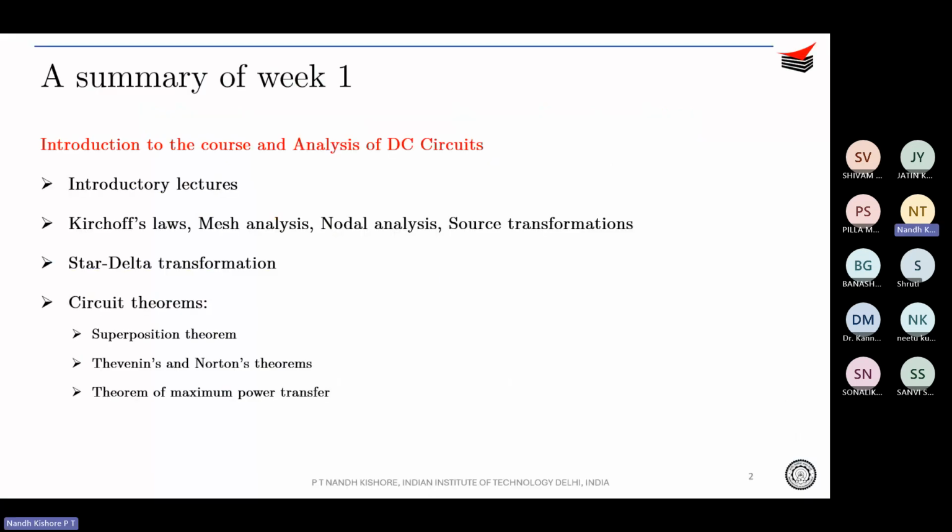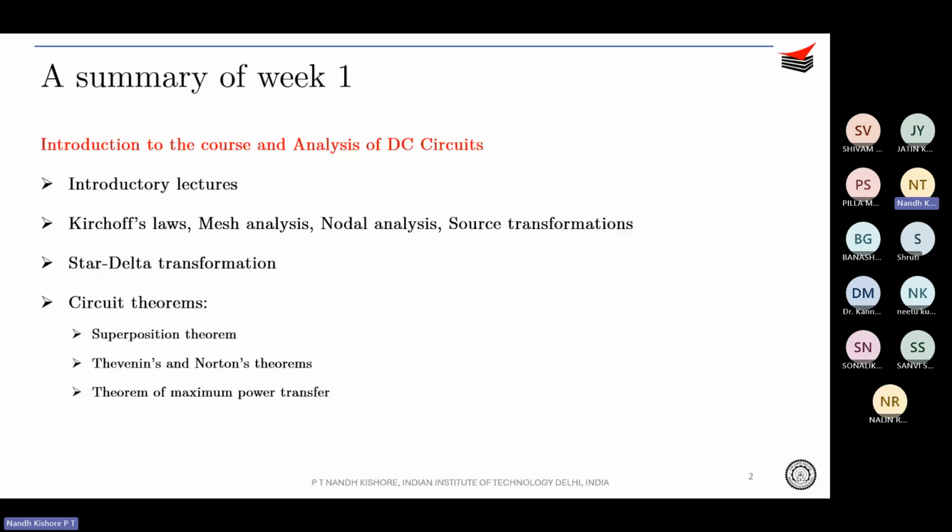So week one was your introductory lectures towards this course on electrical engineering. You had a few introductory lectures that talked about where electrical engineering is being used and where in particular networks are useful for you guys, right? If you're doing your BTech first year, or if you're in your undergrad, you will see that you have to have a very solid foundation about network theory.